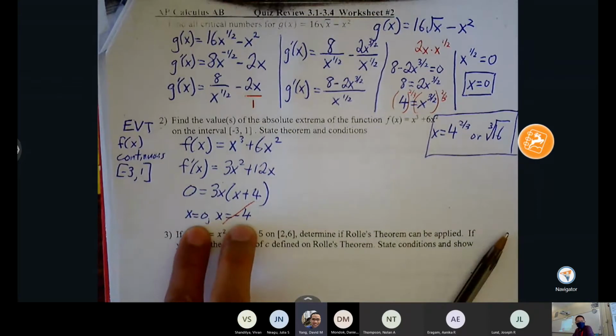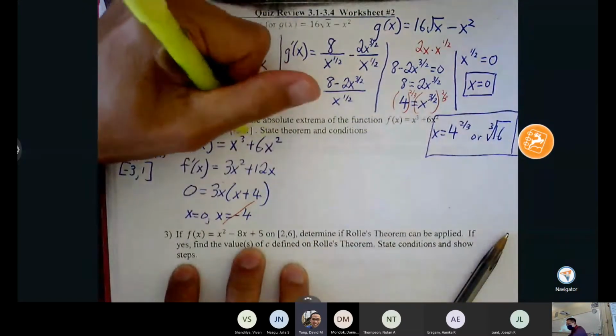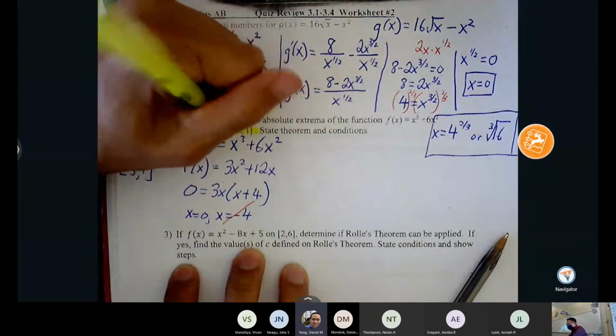So what decision do we have to make after we find our critical points? Okay. How do we know whether to keep them or not? They're between... Good. Between the intervals, right? We only want to keep what's between the intervals.